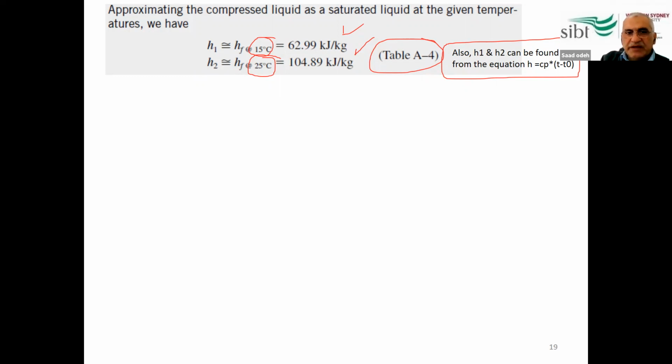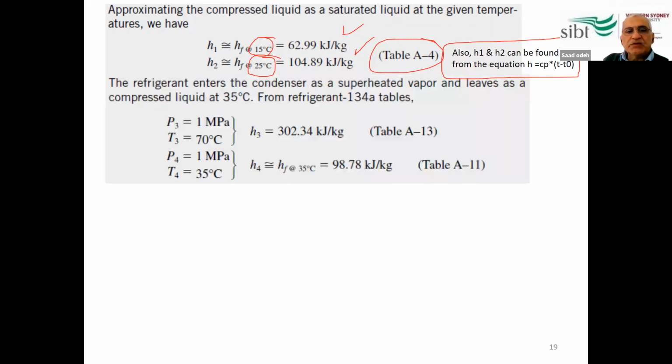Okay, and then the other side, we need to find out the enthalpy of the refrigerant. So the enthalpy of refrigerant, we have to, again, refer to the pressure and temperature.